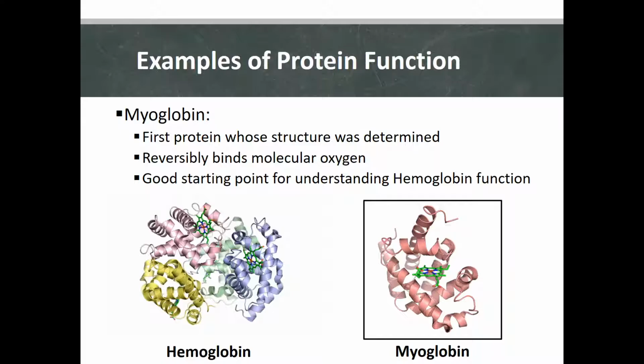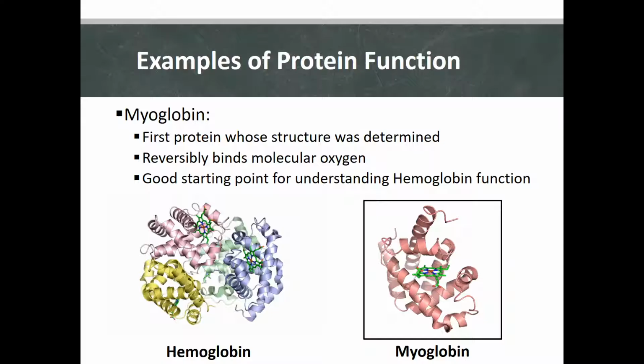Much of our efforts here are going to be centered on looking at hemoglobin and myoglobin. These are very well characterized examples of proteins that bind a ligand. Myoglobin was the first protein whose structure was determined on an atomic resolution level, so for that reason we know a lot about myoglobin.